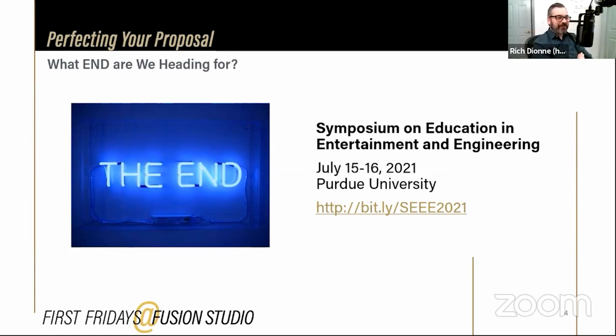So the end that we are heading for, and we're being a little self-serving here, is making the assumption that you are all supremely interested in making a proposal for our third annual symposium on education in entertainment and engineering. That will happen in July of 2021 here at Purdue University.